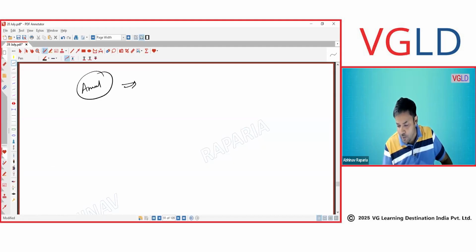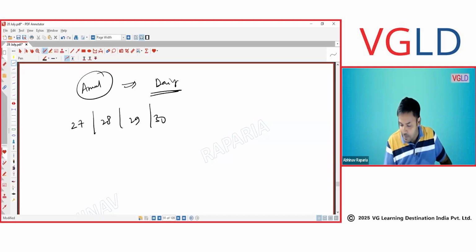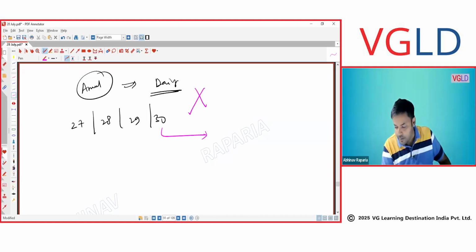You bought milk on the 27th, 28th, 29th, 30th, so you would sell the 30th's stock first. That's why I'm saying not every business can follow LIFO. You have to see your line of business also. Just for making the benefit, I can't do it. Is it clear what I'm saying? Any other question?